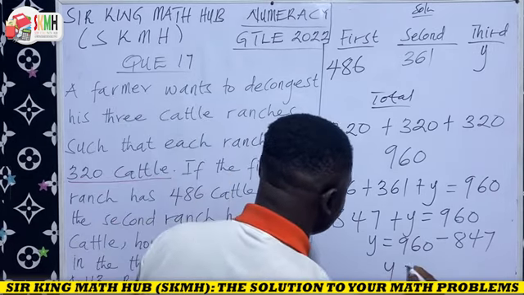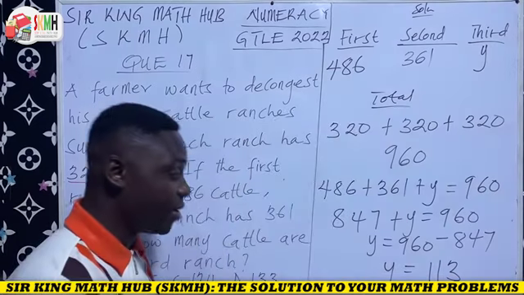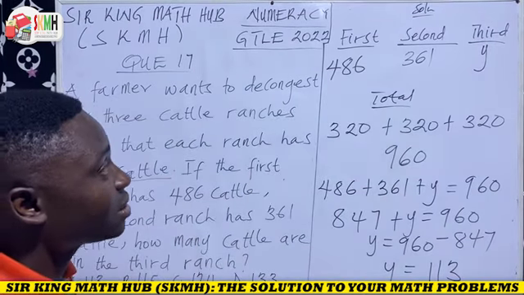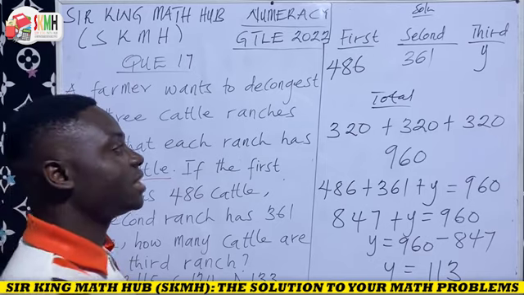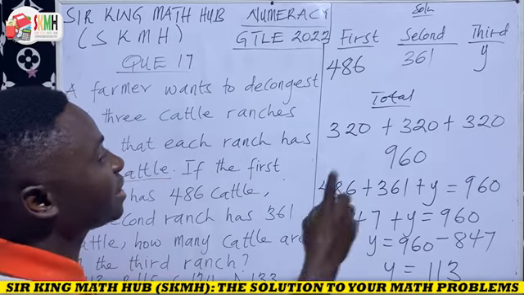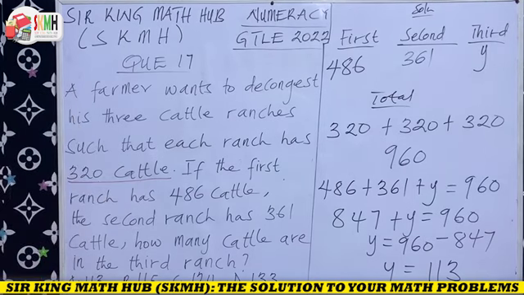That should give me 113. So it means that before the decongestion, there were 113 cattle in the third ranch. So looking at the alternatives, the right answer is A.